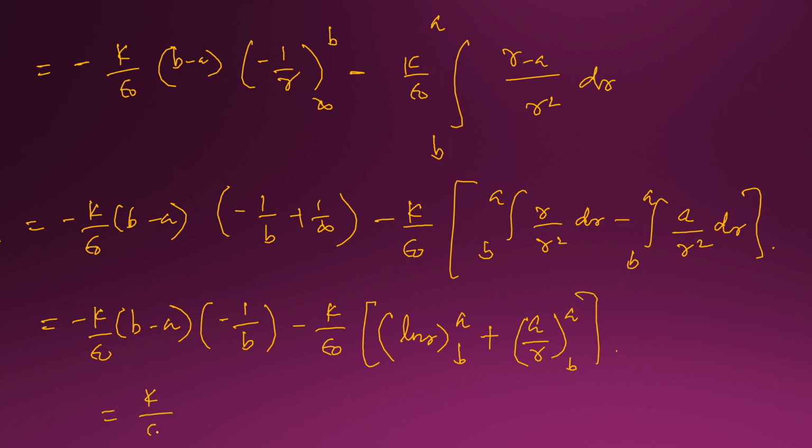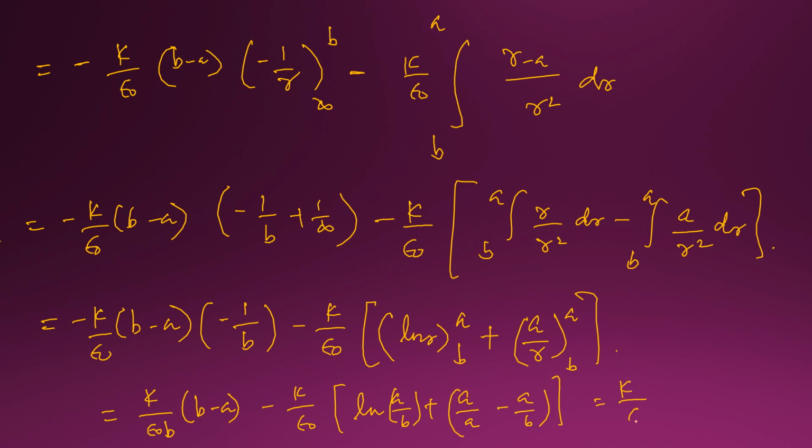This is k by epsilon naught (b minus a) by b, minus k by epsilon naught ln(a by b) plus a by a minus a by b. Is that clear? That will be k by epsilon naught (b minus a) by b, minus k by epsilon naught ln(a by b) plus 1 minus a by b. Okay, that's right, this is the answer.